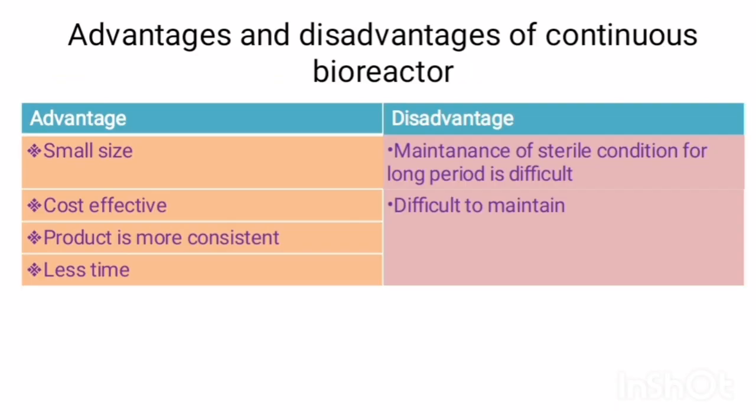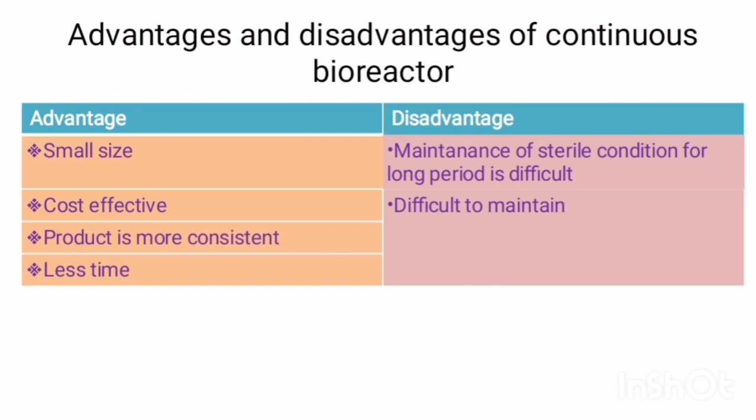Next, we can discuss applications, advantages, and disadvantages of continuous fermenter. First, applications. It is used for the production of antibiotics, organic solvents, SCP, beer, and ethanol. Then the advantages.